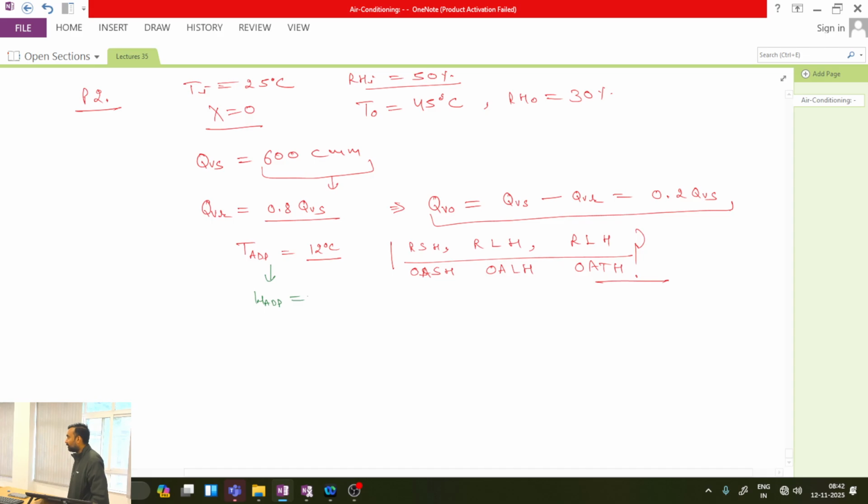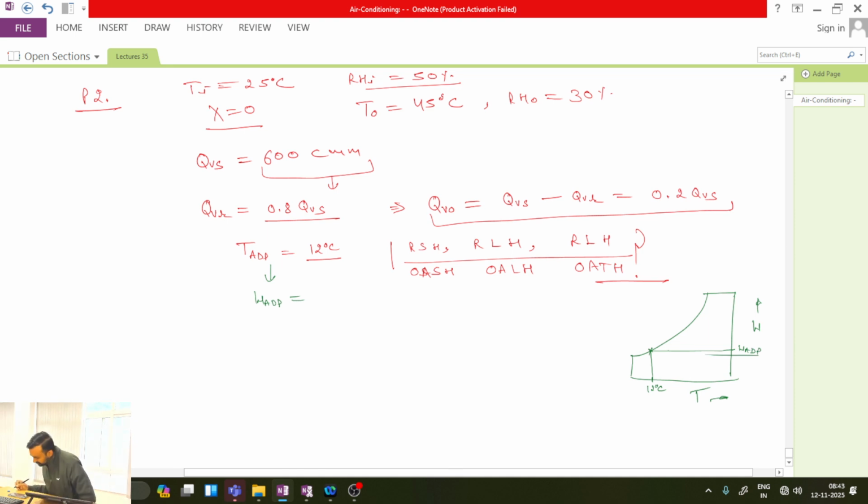Either from the table or from the psychrometric chart. From the psychrometric chart, I will locate 12 degrees Celsius, take a vertical line up to the saturation curve, and read from here, and this will be my WADP. Okay, how much is it? Do you have tables, charts? Tell me the value.